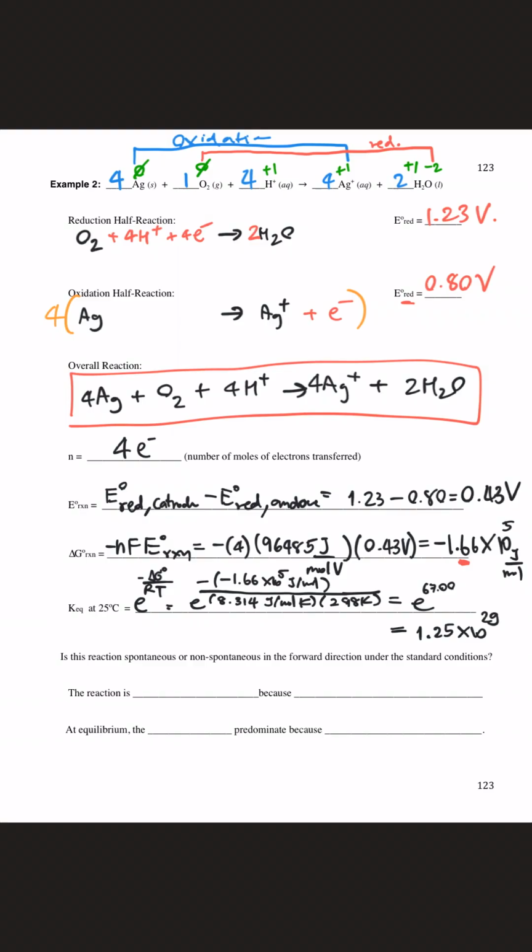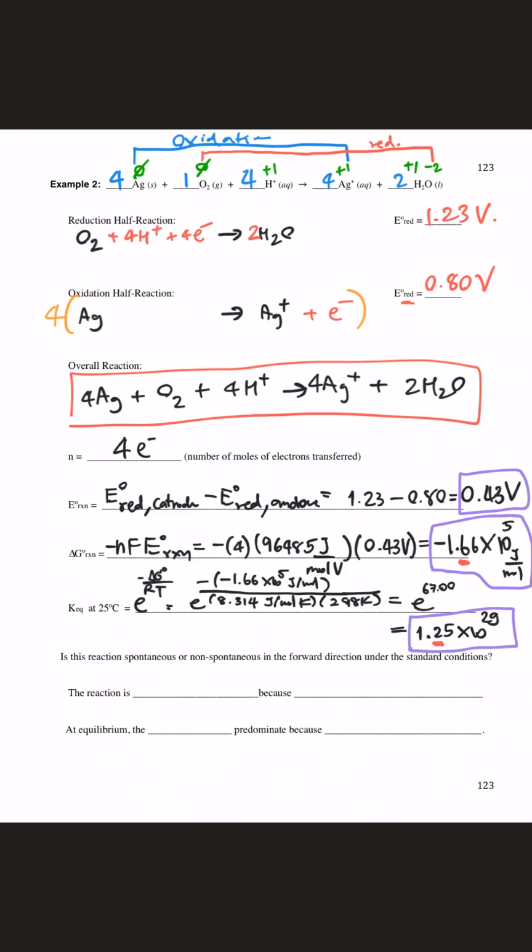And again, from the previous step, there are two significant figures, so this one would have two significant figures as well. Therefore, the answer for E reaction would be 0.43 volt, and the delta G would be a negative value in joule per mole, and the equilibrium constant would have no unit.